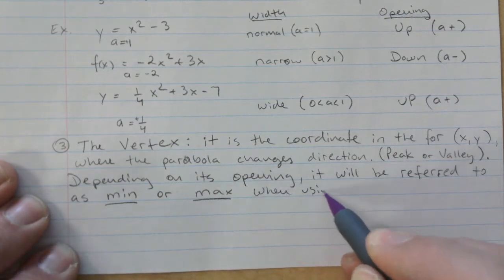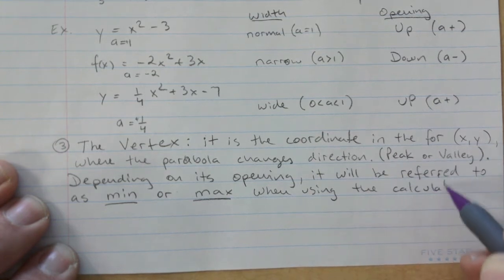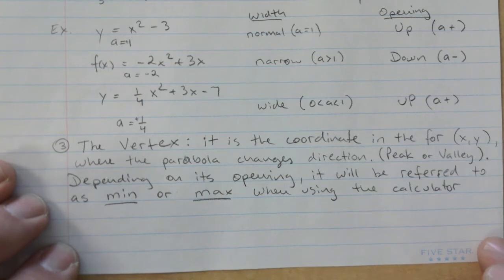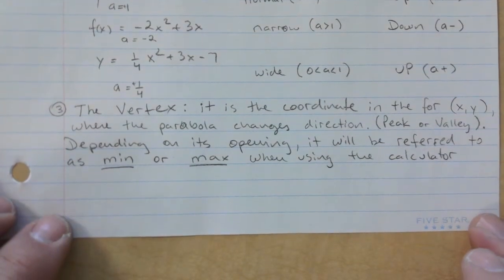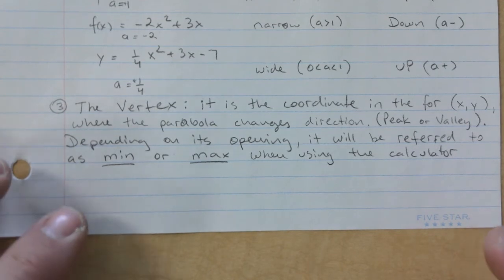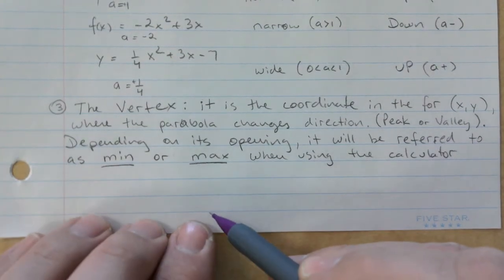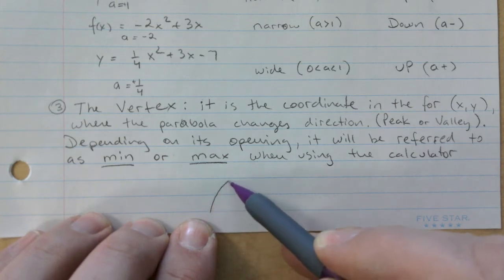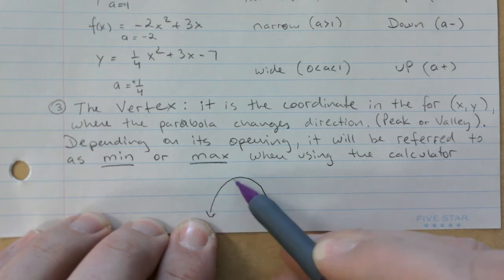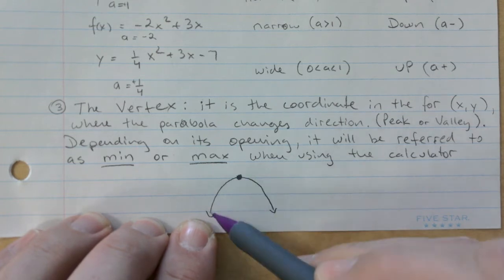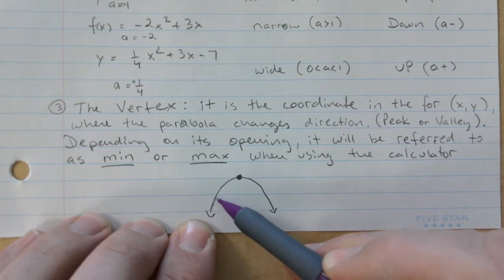So when the parabola is opening downward, if you look from left to right, it's going to be graphed this way.